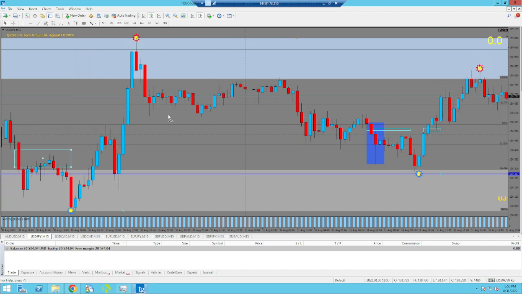And in this particular instance, it's pretty important to see because it was the previous day that had a pretty big fair value gap formed here. And you can see it was not filled. It was not even touched until the following day, where it finally got completely filled.